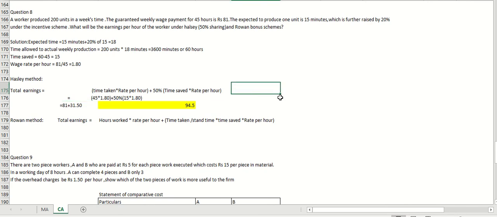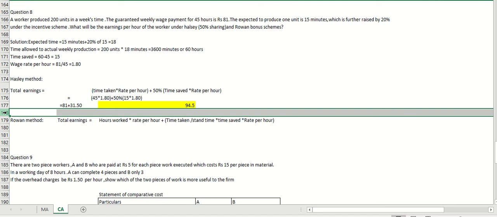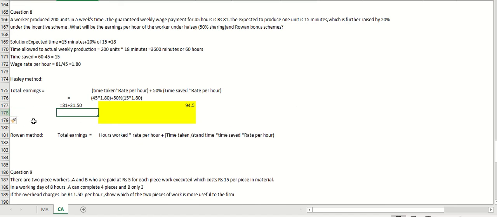Now we are supposed to calculate the earnings per hour. So your earnings per hour is equal to your total earnings divided by time taken.